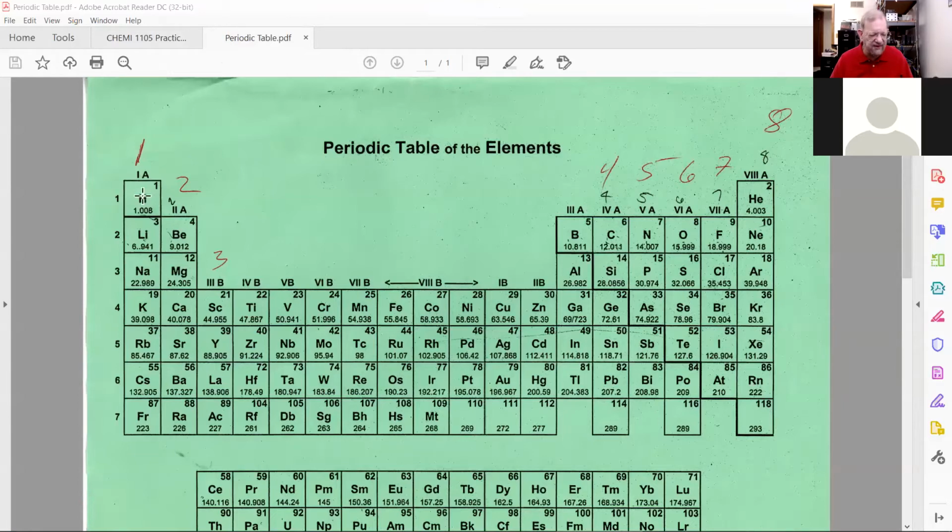Except for hydrogen, all elements in the first column, the alkali metals, and all elements in the second column, the alkaline earth metals, always form cations. I've been asking other chemists for years, do you know of an exception? There isn't one. Nobody's found one. All alkali metals form a +1 ion. All alkaline earth metals form a +2 ion.